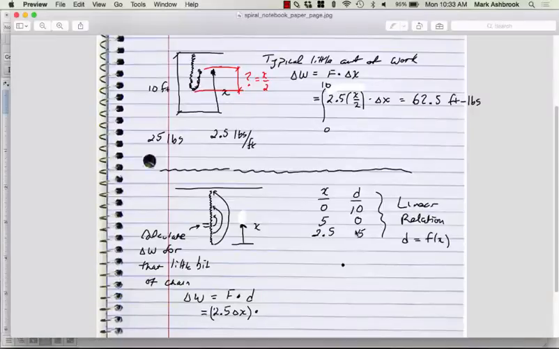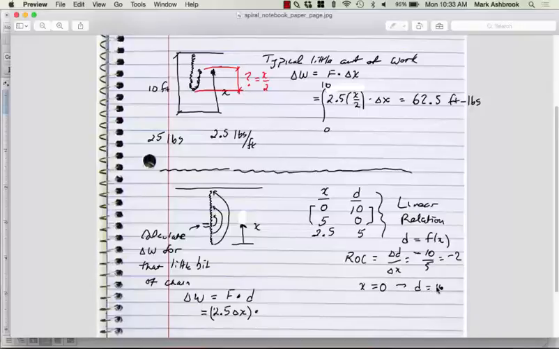Okay, so we can get our rate of change here. It's going to be delta d over delta x, which is, we'll just use these first two, negative 10 over 5, or negative 2. And then when x is 0, d is 10.